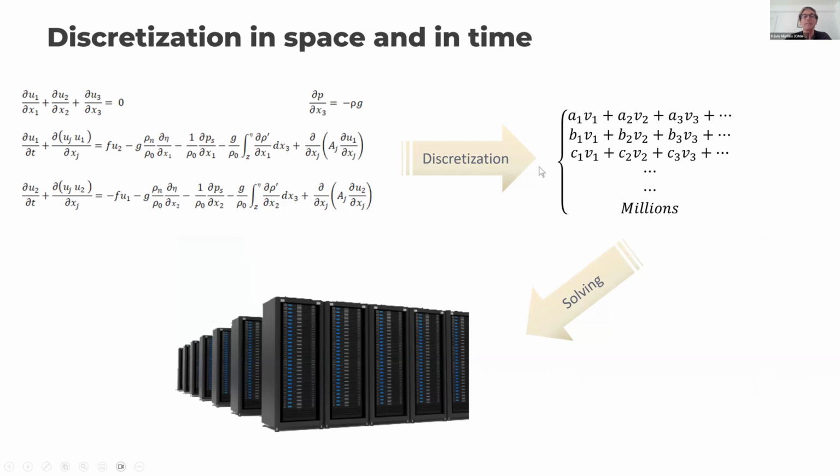This process is called discretization. And then when we have these millions of linear equations, we can use the computers to solve them, okay? There are a lot of them, but the computers are also very, very fast at solving them. So that's how we approximate the solution of the Navier-Stokes equations, okay?